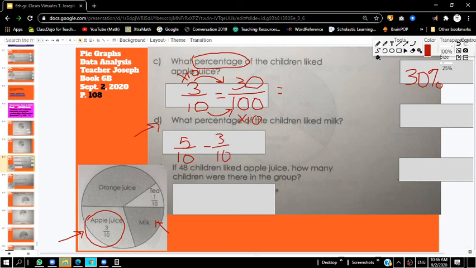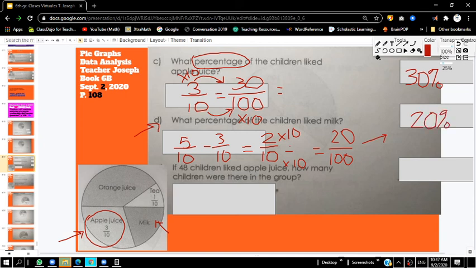Luckily, they're both the same denominator, so 5 minus 3 equals 2/10, which I can simplify to 1/5 if I really wanted to, or I could just change this to a percentage right away. I can multiply 10 times 10 and 2 times 10. 10 times 10 equals 100, and 2 times 10 equals 20. And 20 over 100 equals 20%.